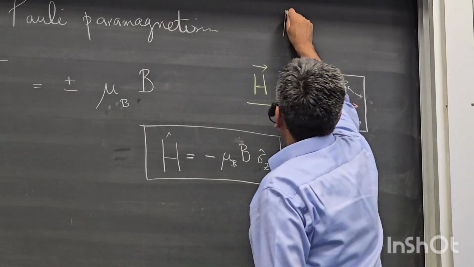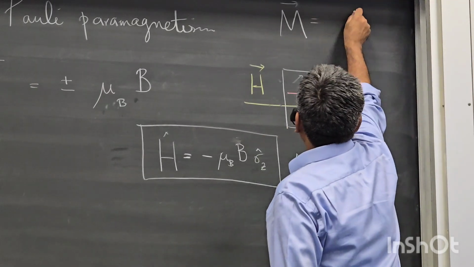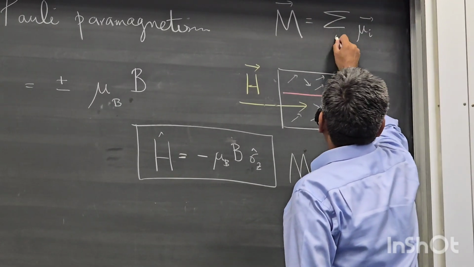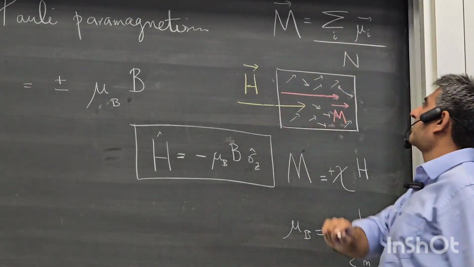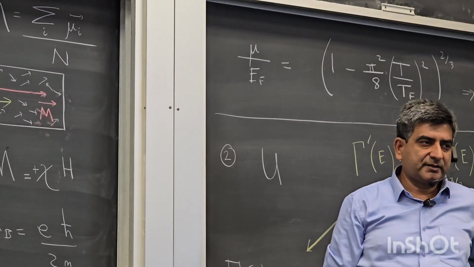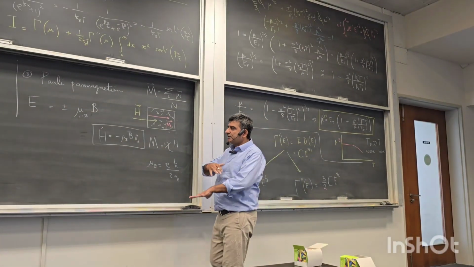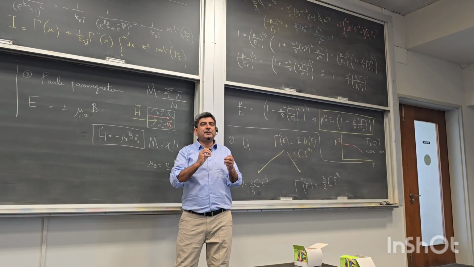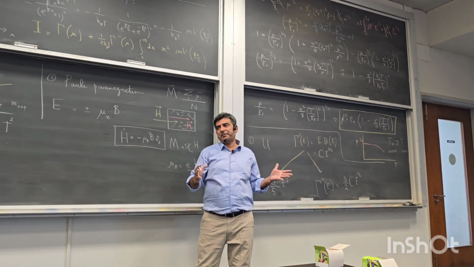So M, capital M, really is the vector sum of all the magnetic moments inside the solid divided by the total number of spins. This is how we define magnetization. So now if you have zero magnetic field, there is no preference between spin up and spin down.